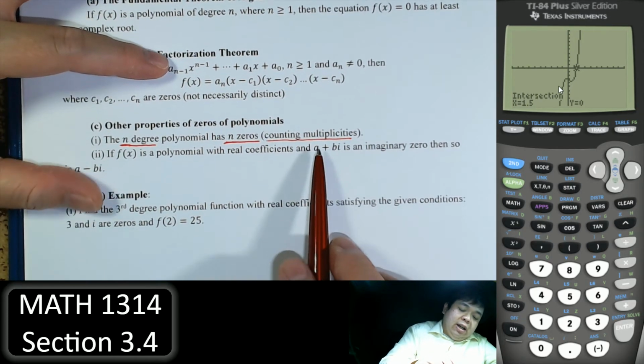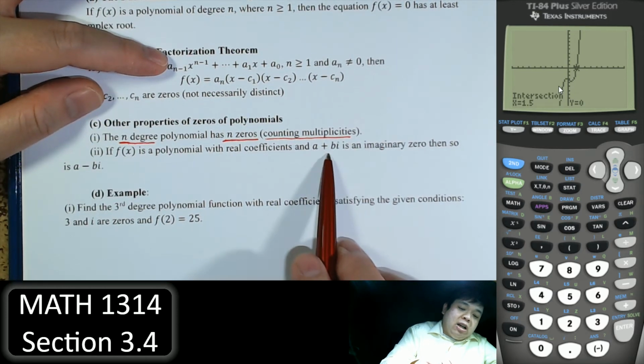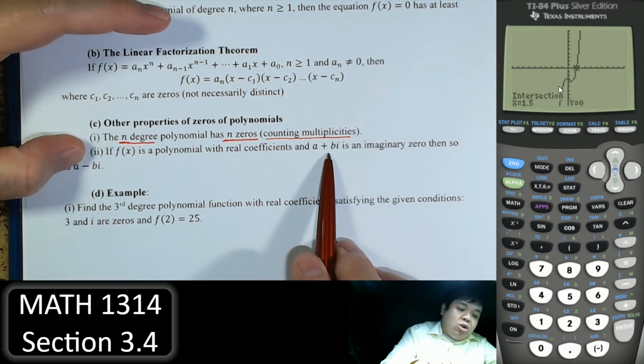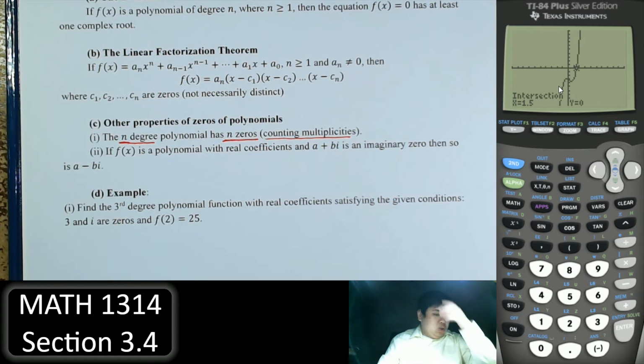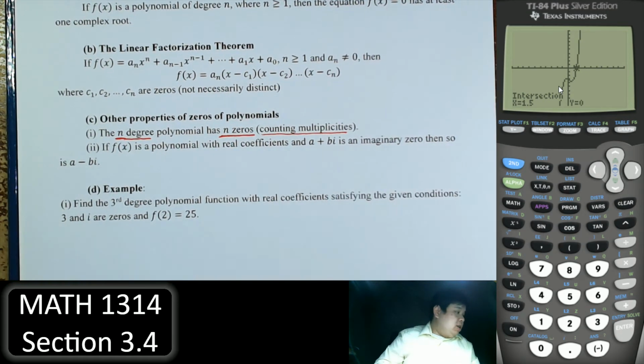Right, next, if a plus bi is a zero, then the complex conjugate a minus bi is also a zero. So we use the last part for this next example.